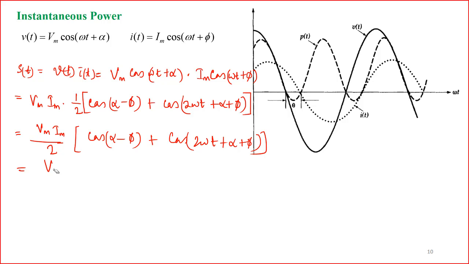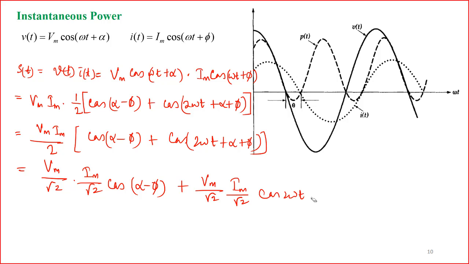So this I can write as Vm by root 2 into Im by root 2 cos of alpha minus phi plus Vm by root 2 Im by root 2 cos of 2 omega t plus alpha plus phi, right?